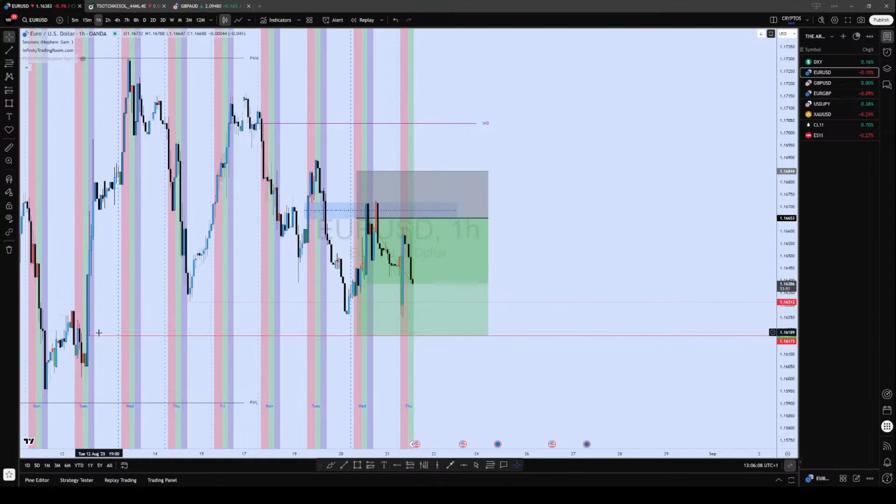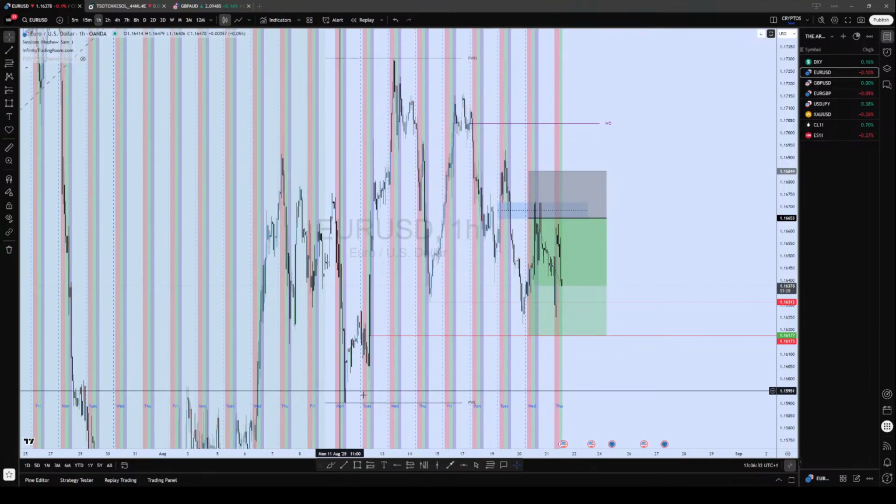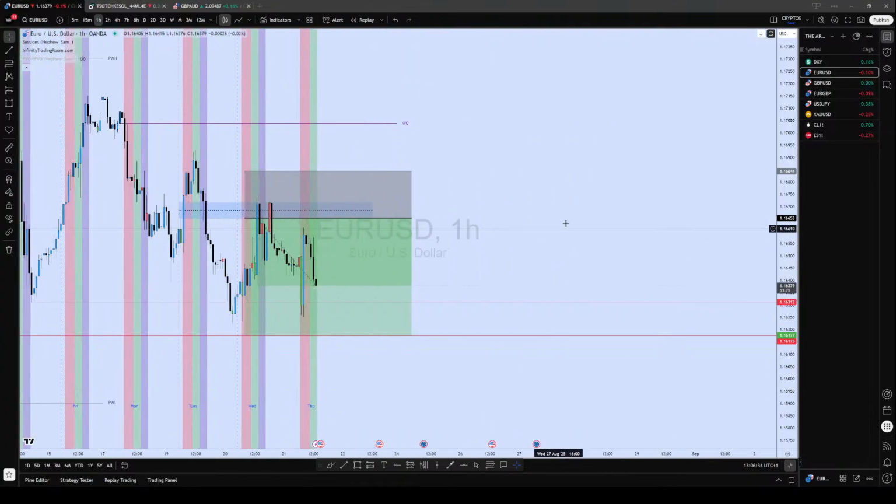So this is the draw on liquidity, 1.16177. That hasn't changed. We are still sticking with that draw on liquidity. So if you did get in, congratulations, we will get there probably today, and who knows, maybe they will break that low as well.